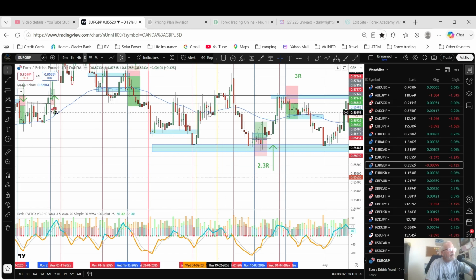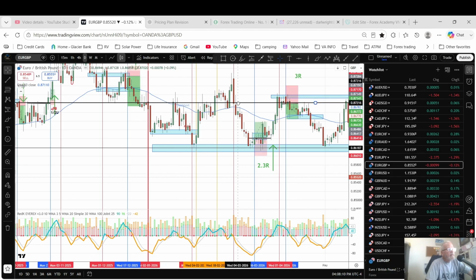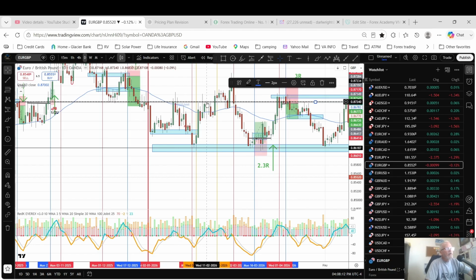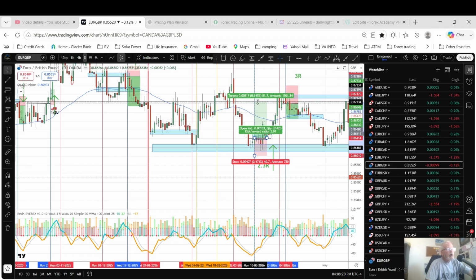I'm looking over here, I see this area right here, win or lose, I see that as being a really strong area. This right in here, okay? Because we've had a lot of rejection, see all the rejection at that area. So that's where I would put my profit target, and that just happens to be right at 2.